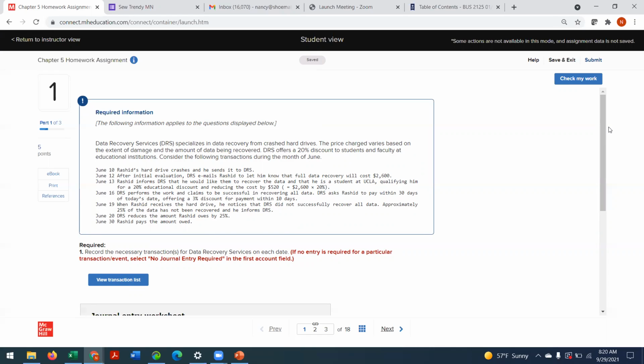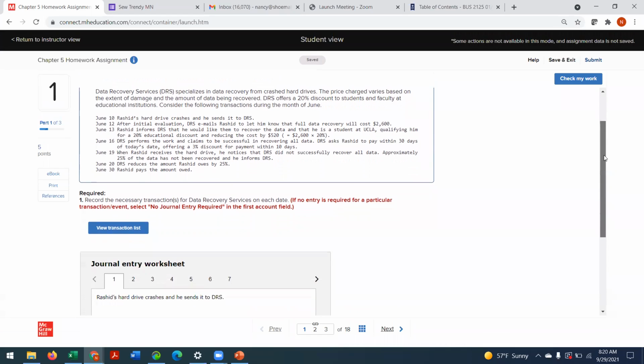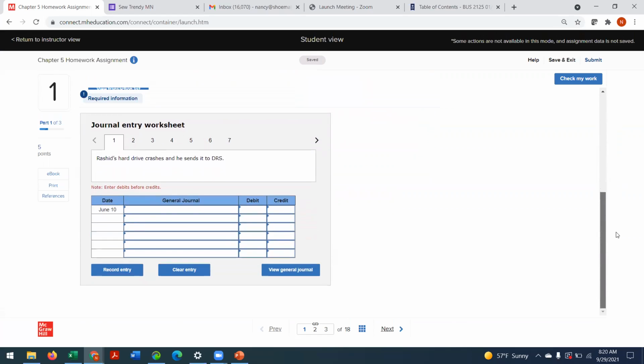Consider the following transactions during the month of June. So what we're going to do is we're going to record the necessary transactions on each date. The first transaction on June 10th says Rashid's hard drive crashes and he sends it to DRS. What kind of journal entry would we record here?